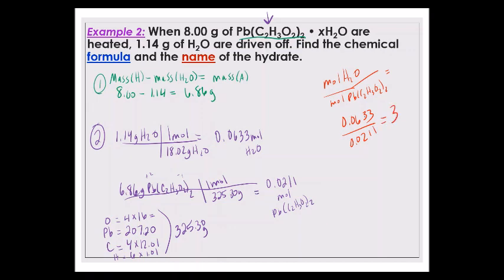But you could throw it in your calculator and see. So then this ends up being Pb(C2H3O2)2 with the dot, 3 waters. And then the name: lead two, because we know lead needs a Roman numeral, even though it's not in the transition section. Acetate, and then it's trihydrate.